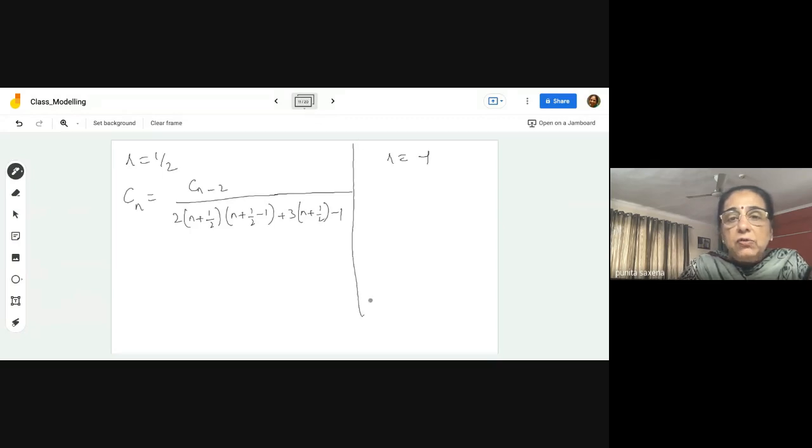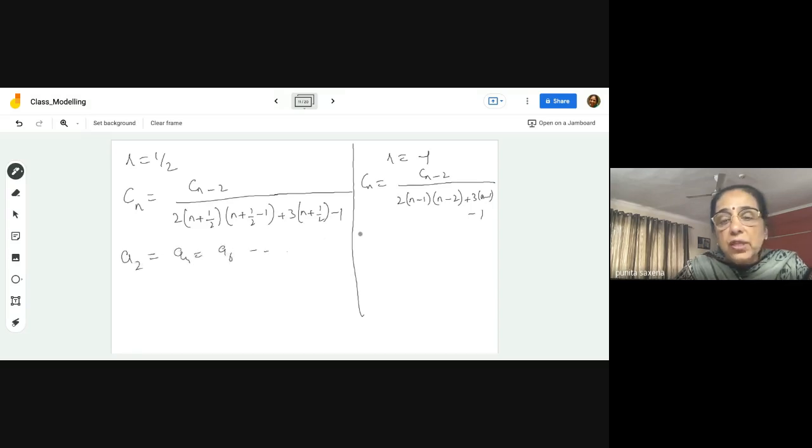And for r equal to minus 1, my Cn is going to be Cn minus 2 upon 2 into n minus 1 into n minus 2 plus 3 into n minus 1 minus 1. So this is going to give you your A2, A4, A6, and so on and so forth. And this is going to give you B2, B4, B6, and so on.